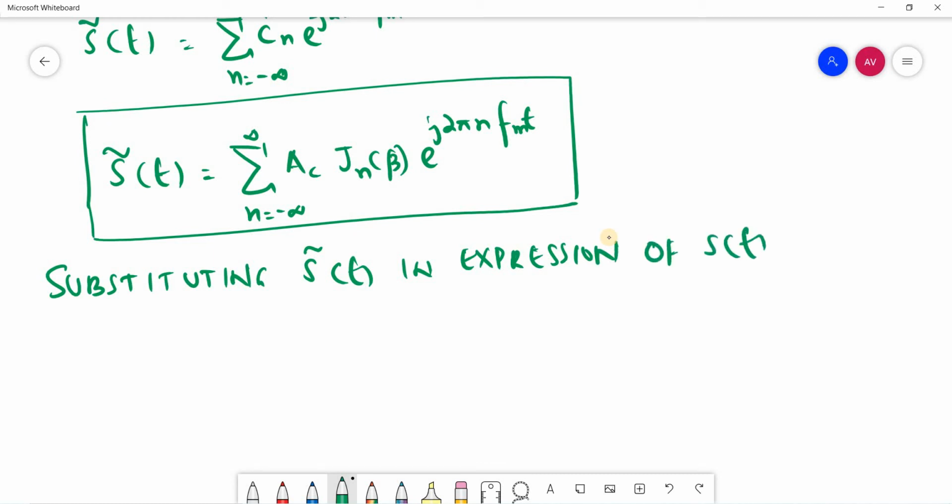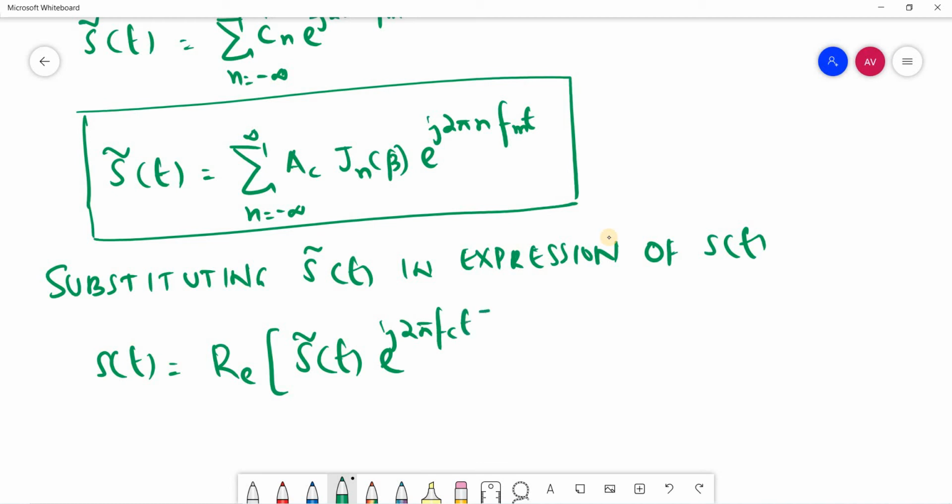So if you remember, the expression of s of t was s of t is equal to real part of s tilde of t into e power j 2 pi fc t. This was the expression for s of t. So now in this expression, if I substitute the value of s tilde of t given by this equation, I'll call it equation number 2, we'll do that.